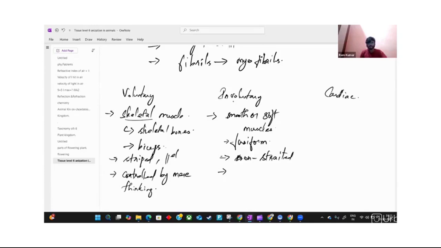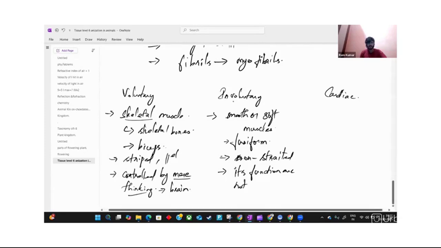Smooth muscles are involuntary muscles. Their functions are not directly controlled by the brain. What I mean by mere thinking here is that voluntary muscle function is controlled by the brain, whereas involuntary muscle functions are not controlled by the brain.